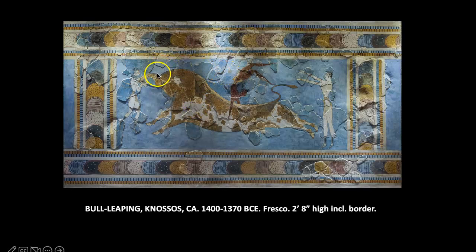So if you look carefully, this bull has almost a balletic choreographed look as it is leaping up off the ground. It has a beautiful arch to its back with a concluding kind of S-curve to its tail.